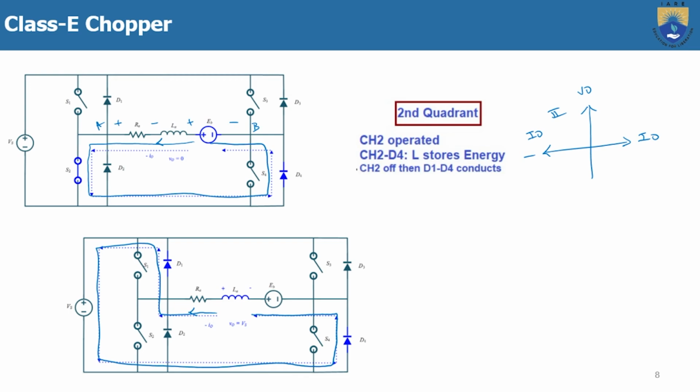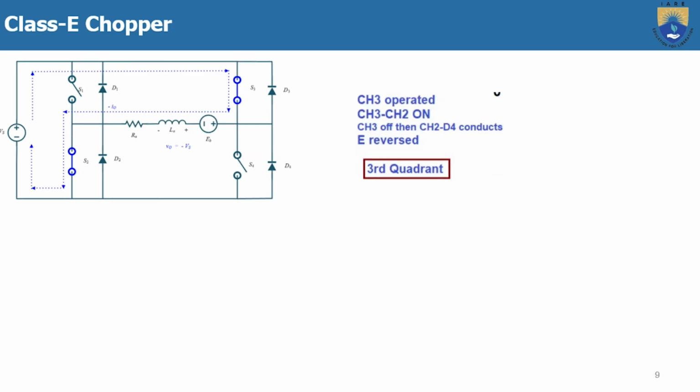Then coming to the third quadrant operation, in the third quadrant switch S3 is operated. Initially switch S3 is in the turned off position, and now we are turning on switch S3. In addition to S3, switch S2 is also turned on, so S3 and S2 are turned on.